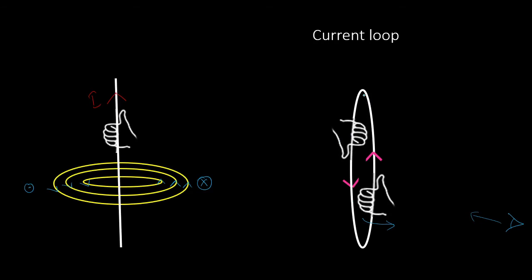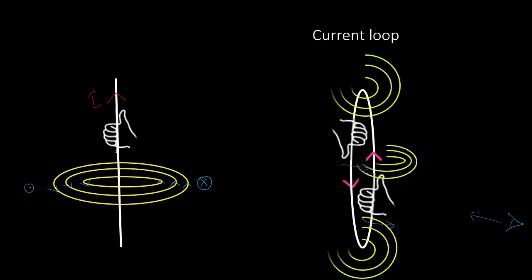In the left side the current is going downwards, and again if you use the right hand thumb rule, you will observe the field is also coming out of the loop. So at every point the magnetic field is coming out of the loop.